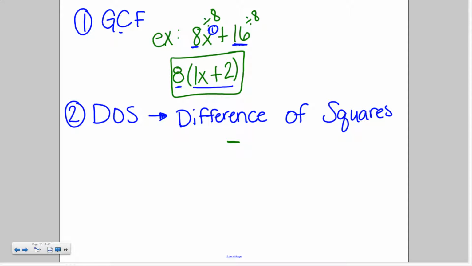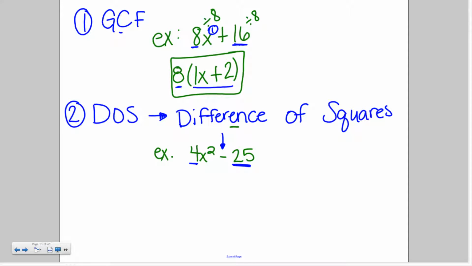So my example is going to be, let's see, 4x squared minus 25. All right. So now I can use this as difference of squares. The first thing that you need to notice, I'm going to erase this little subtraction sign and move it up. The first thing that you need to notice is that I have that subtraction sign right there. Now, the next thing you need to notice is that 4 and 25 are both perfect squares.